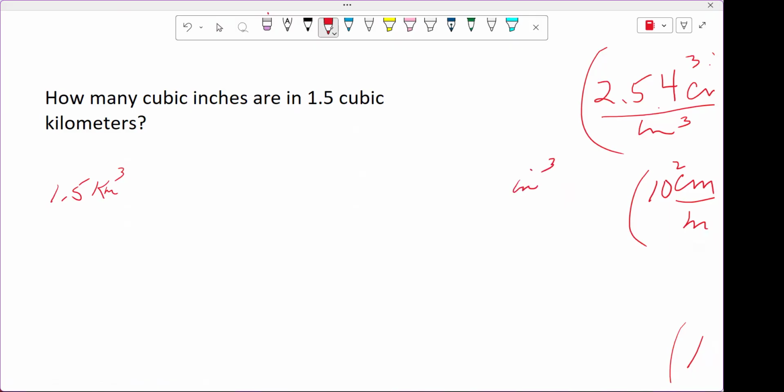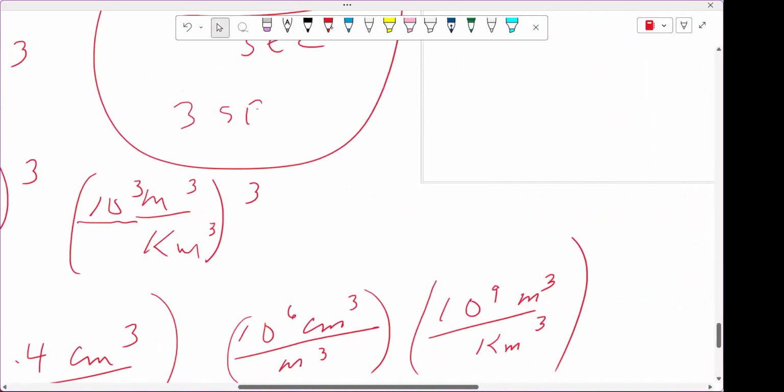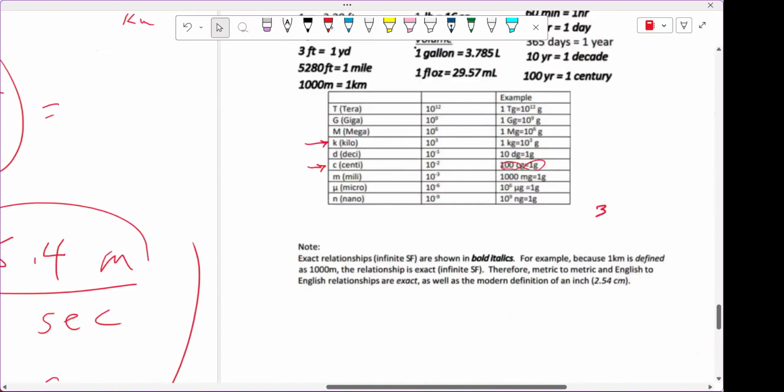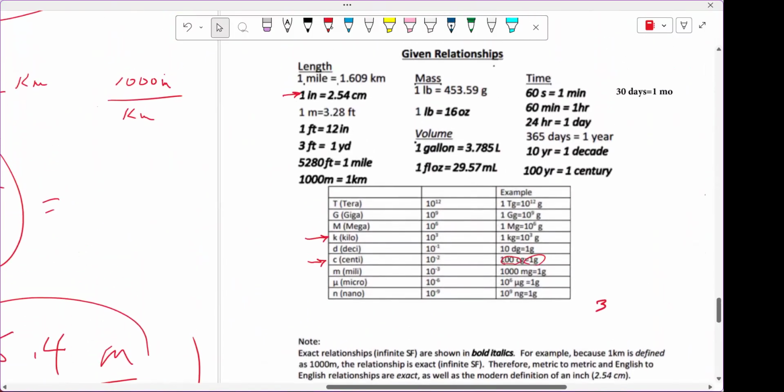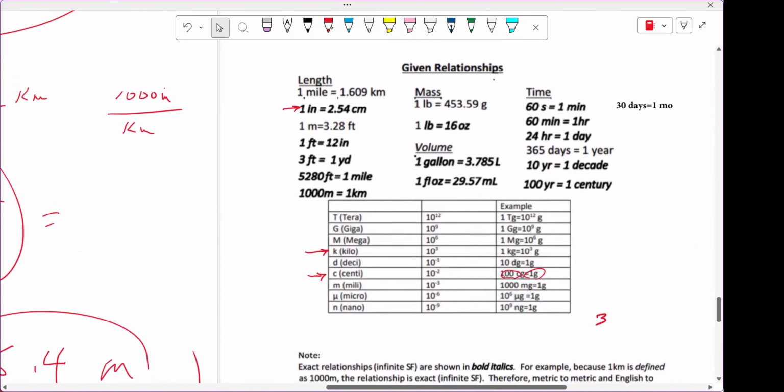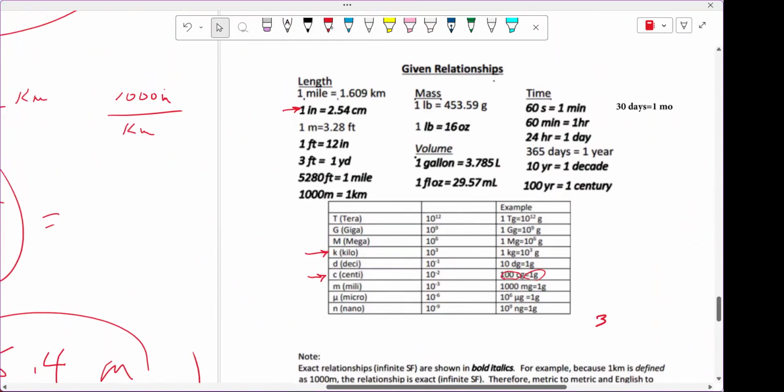Okay, so we can go kilometers, meters, centimeters, inches. We're going to go kilometers to meters, meters to centimeters, and then centimeters to inches. And we've got to cube each one of those, so that's in the cubic format.